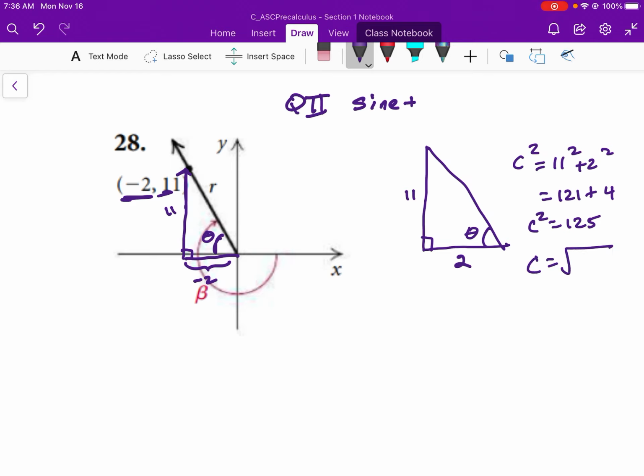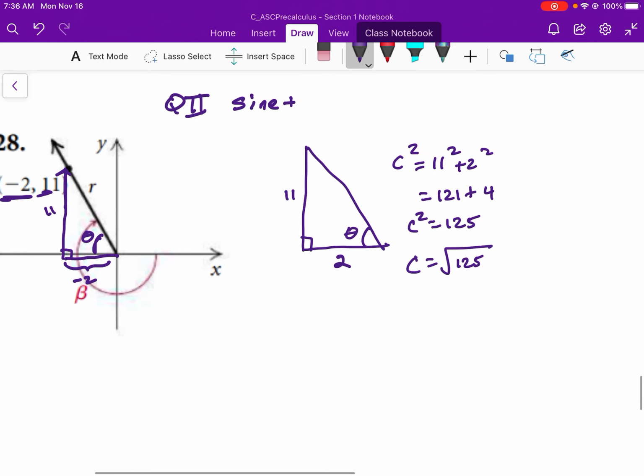So c is equal to the square root of 125, and that can be simplified to 25 times 5, which makes it 5 radical 5. So this side is 5 radical 5.